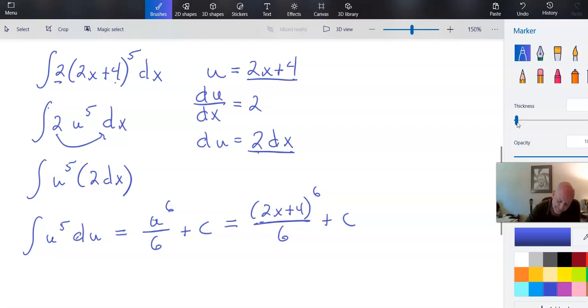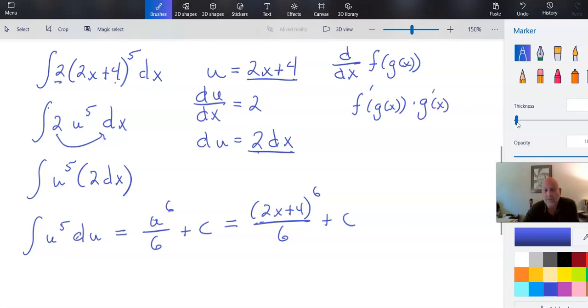If I look at the whole idea for derivatives, right? If I'm taking the derivative of a composition, what I end up with is f prime of g times g prime of x, right?